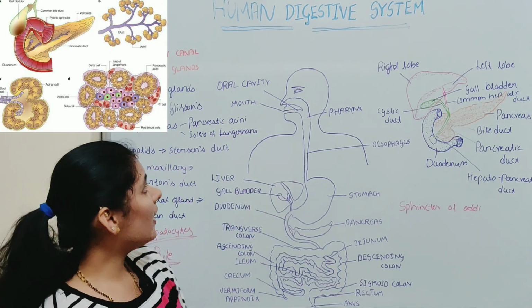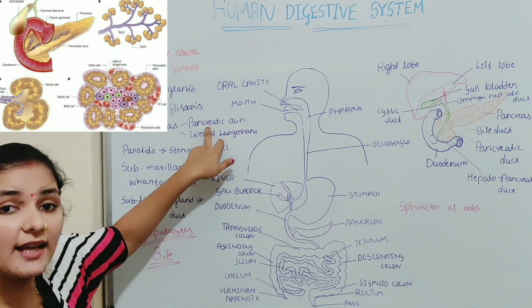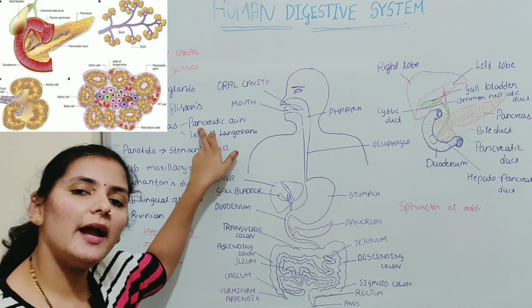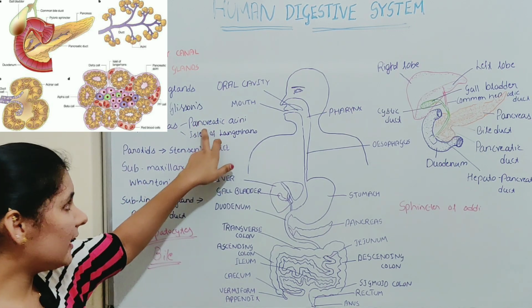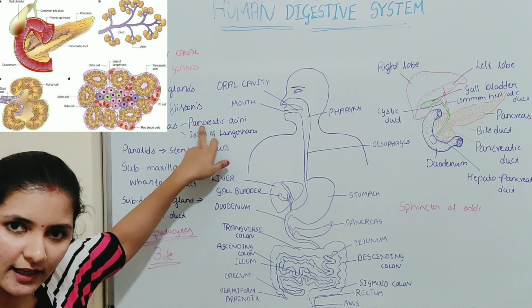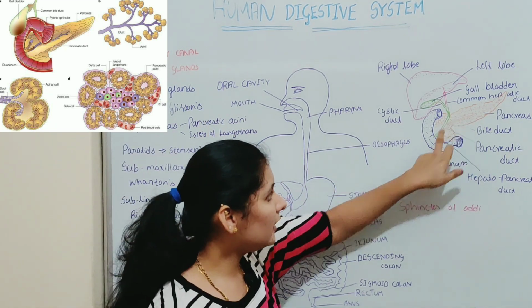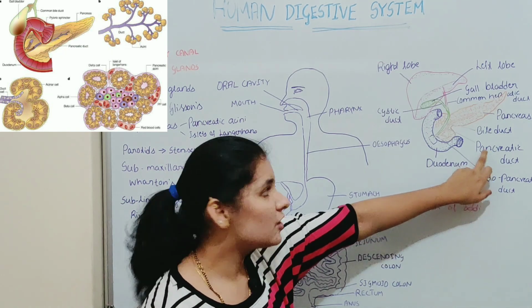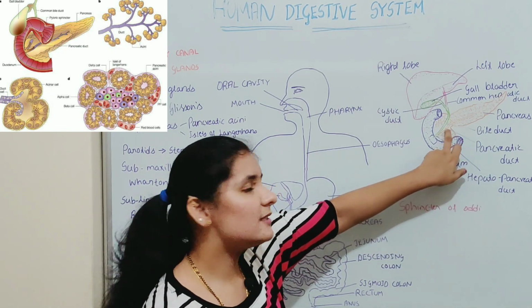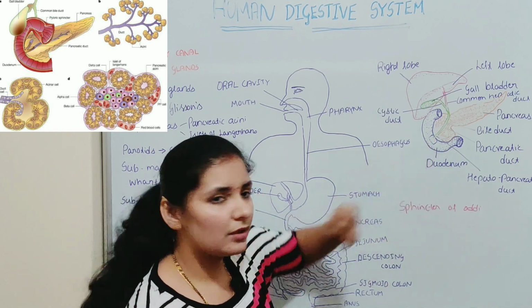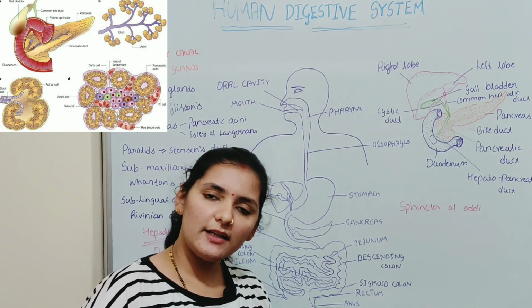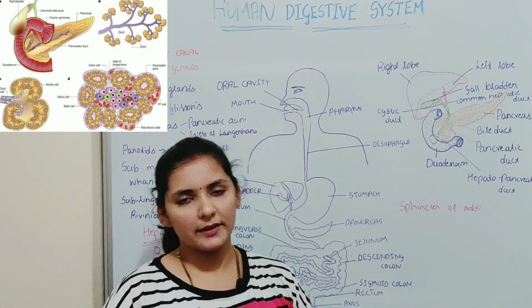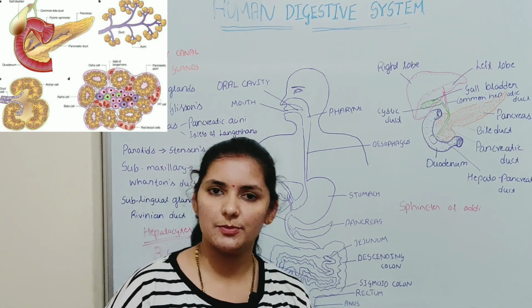The exocrine part of the pancreas is known as pancreatic acini, and these secrete pancreatic juice. This pancreatic juice is emptied into the duodenum through a duct known as the pancreatic duct. This pancreatic juice plays a very important role in the digestion of all components of the food like carbohydrate, protein, lipid.